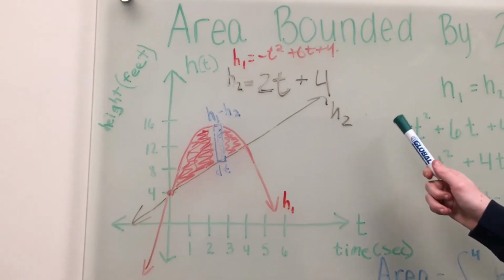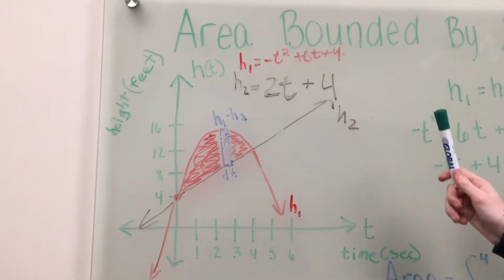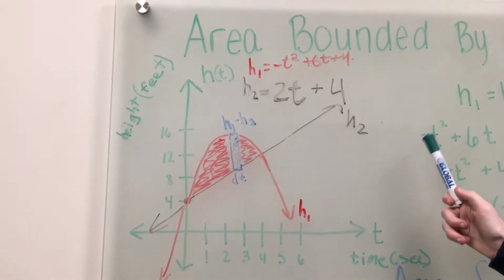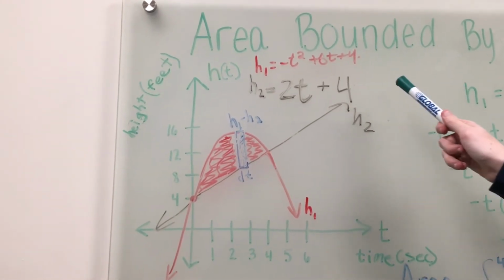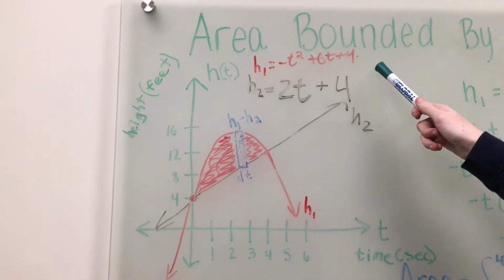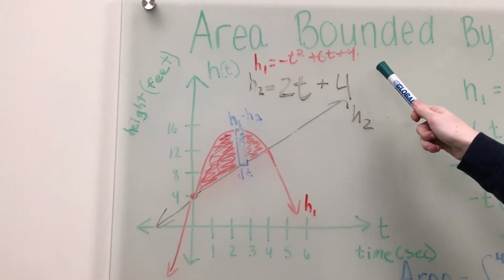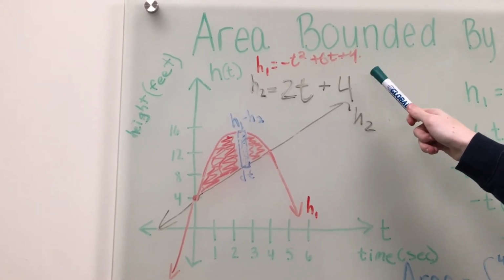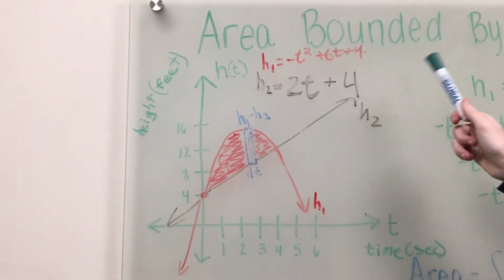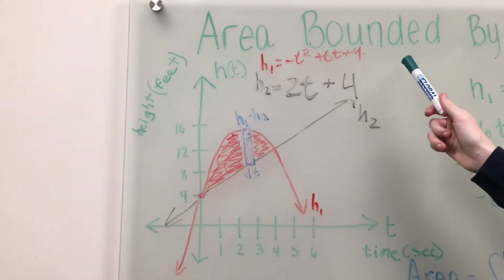We actually do have an exact copy of the math that goes into skeet shooting. To find the area between the football and the target, we first have to draw a graph. The function h1 is representing the flight of the target, which is negative t squared plus 6t plus 4.